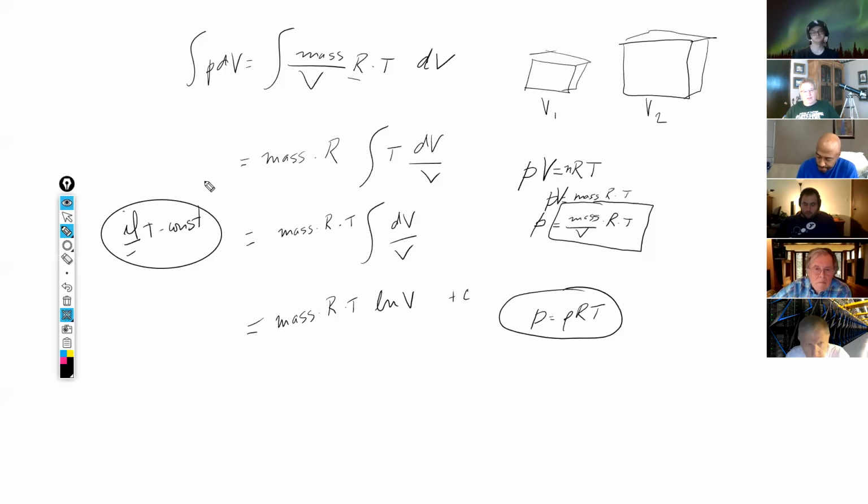So I could have gone, and I'm going to put it in a different color, from volume 1 to volume 2. In this case, I don't need a constant. I'm going from volume 1 to volume 2, which means the answer is the mass times R times T times the natural log of V2 over V1.